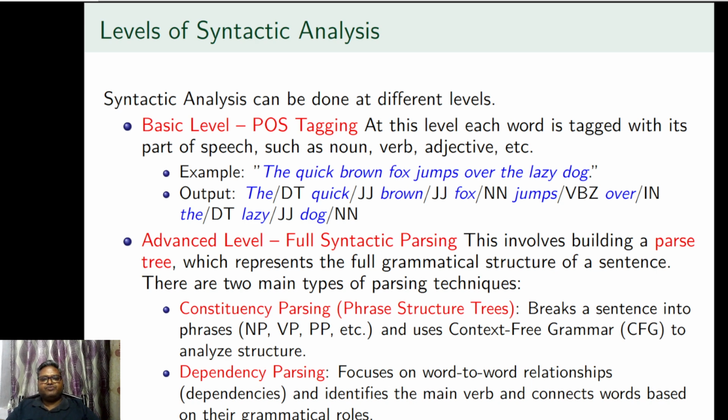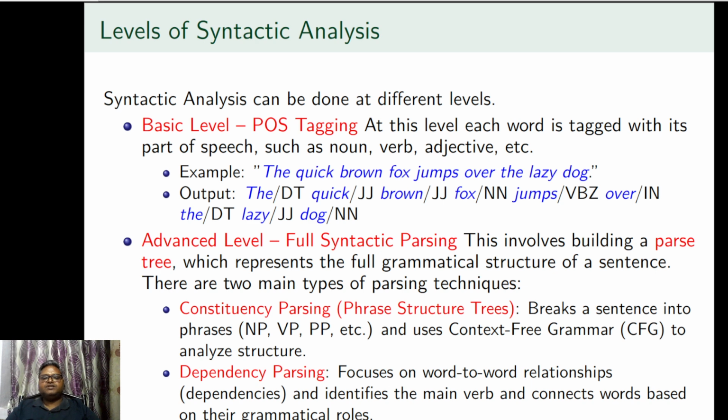For example, the quick brown fox jumps over lazy dog. Each word can be tagged with POS: the, determiner; quick, adjective; brown, adjective; then fox, noun; jumps, third person singular, VBZ, like that. So this is the basic level tag.